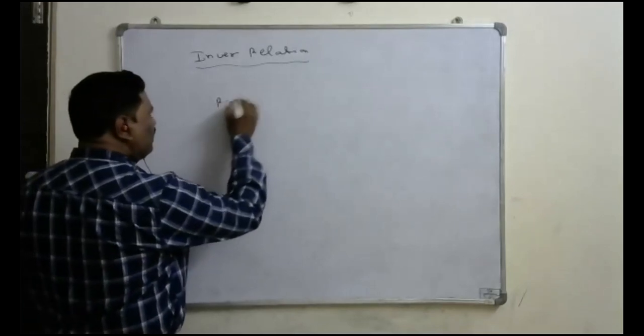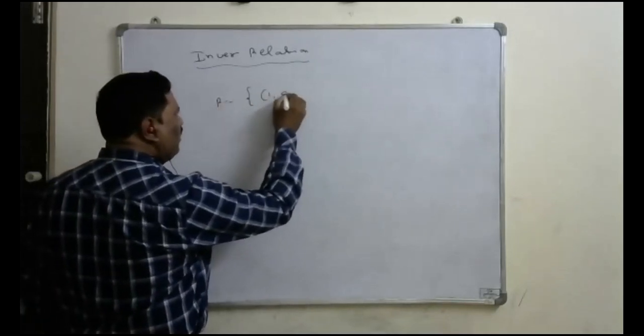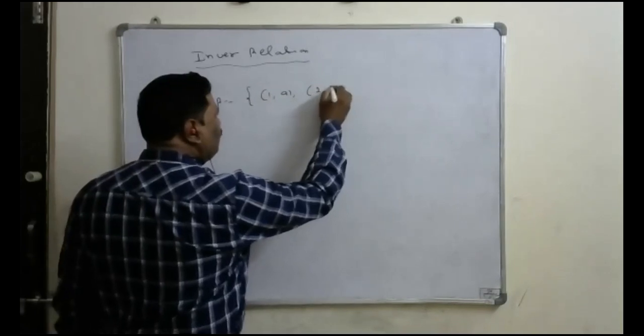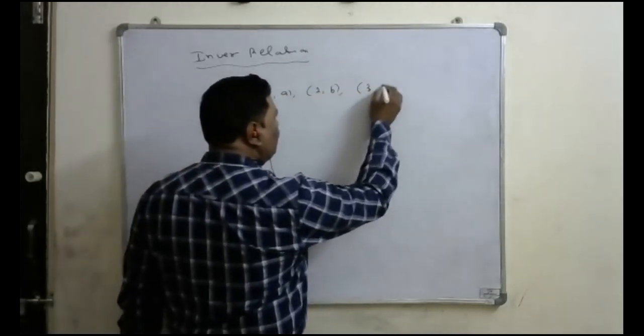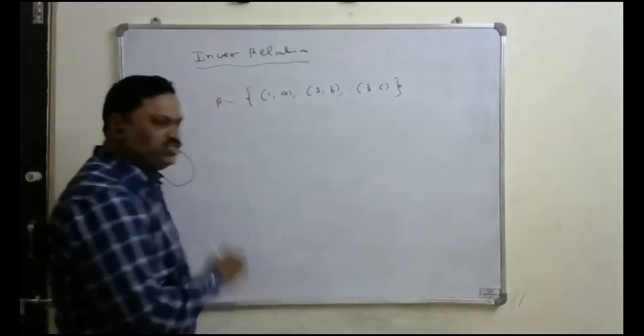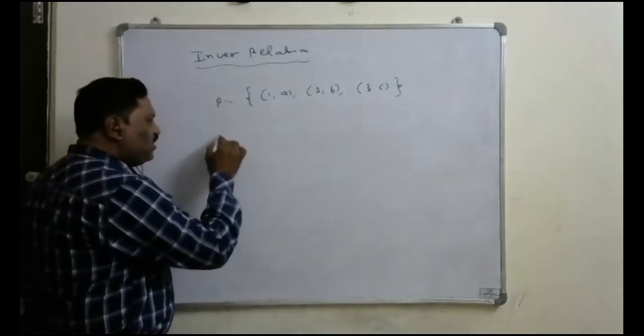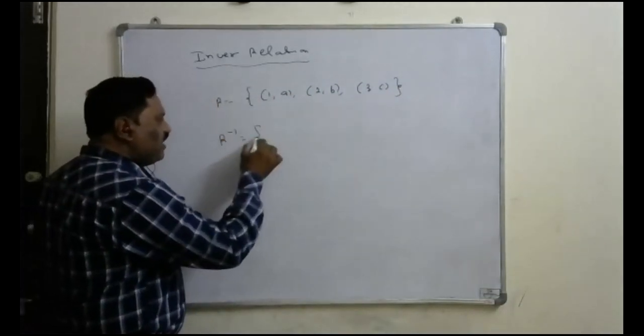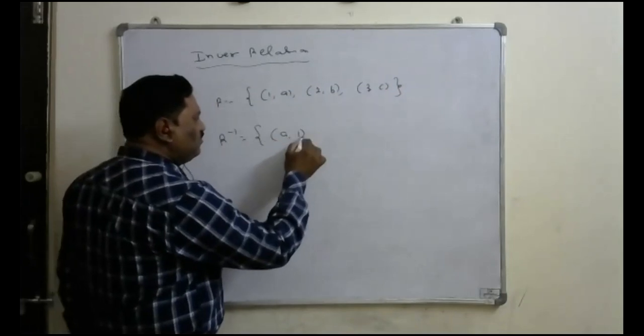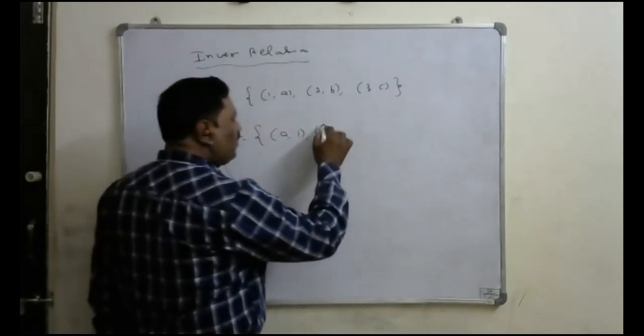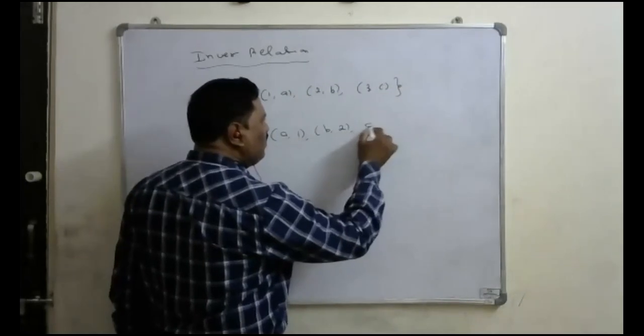Suppose R has the elements like (1, A), (2, B), (3, C), etc. If this is the relation R, then the inverse relation, that is R inverse, we will write as (A, 1), meaning we have to write it in reverse, (B, 2) and (C, 3).